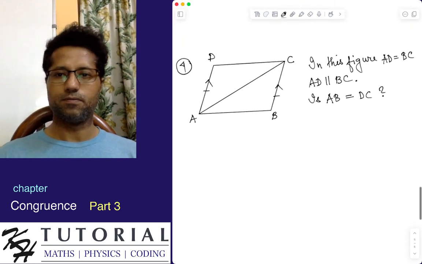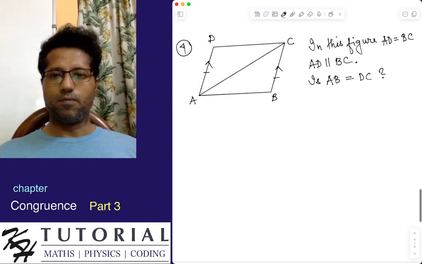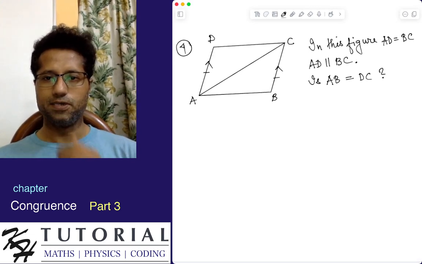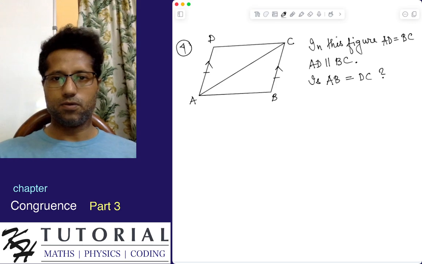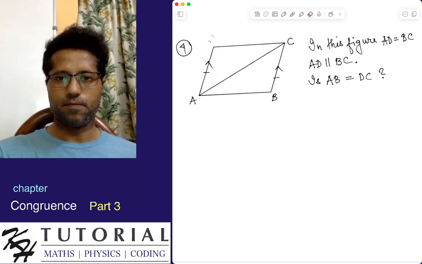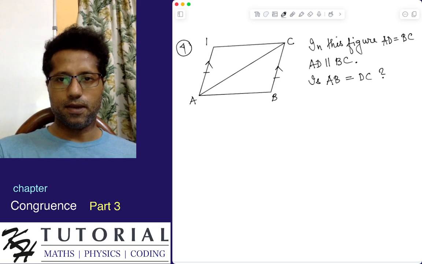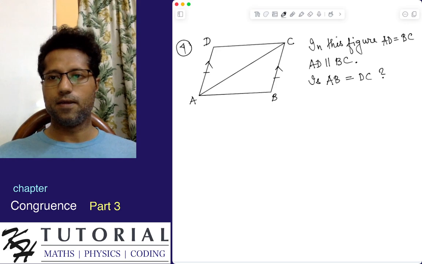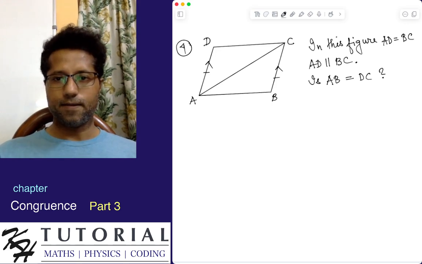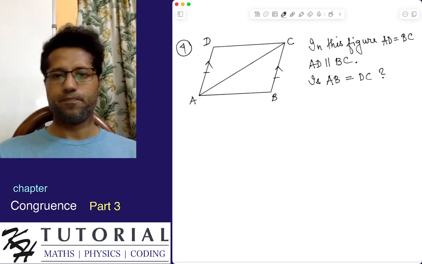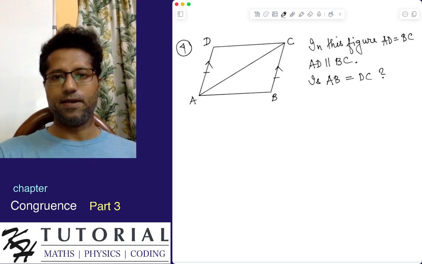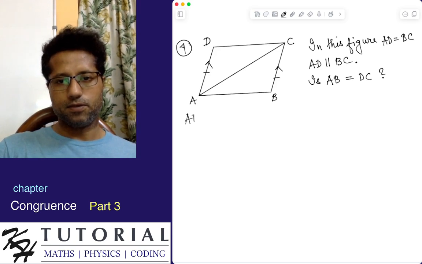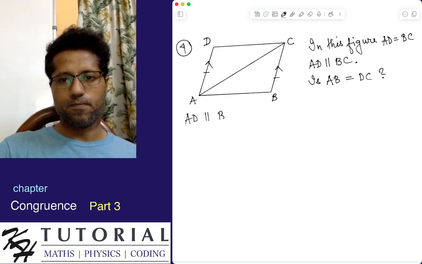Okay, we have another problem. This is problem 4. It says that in this figure, AD is equal to BC, that is, the length of side AD is equal to the length of side BC, and also given that AD is parallel to BC.